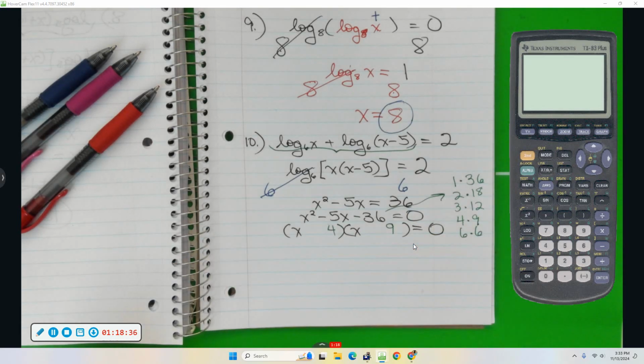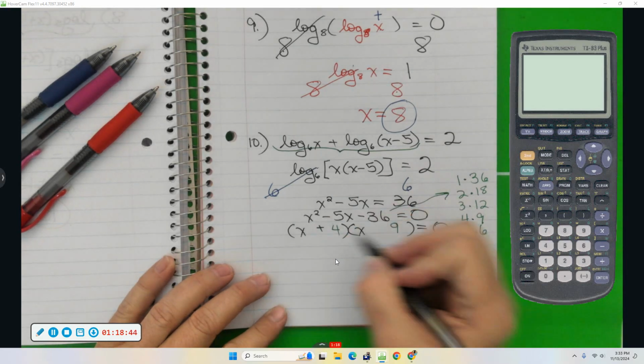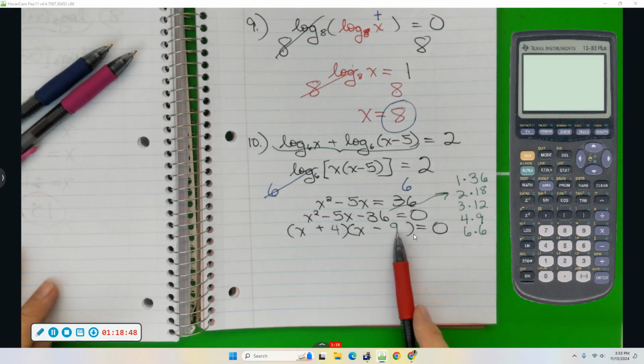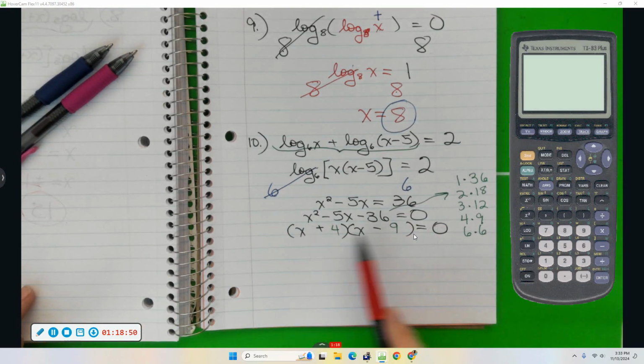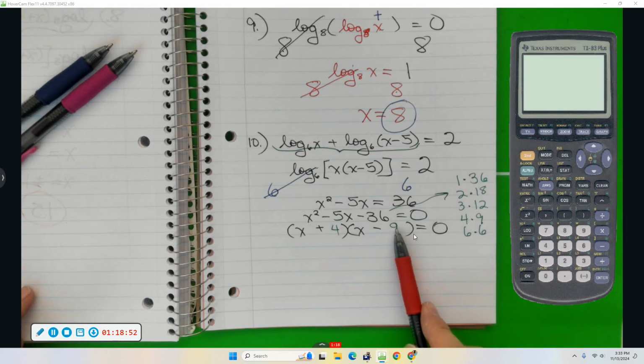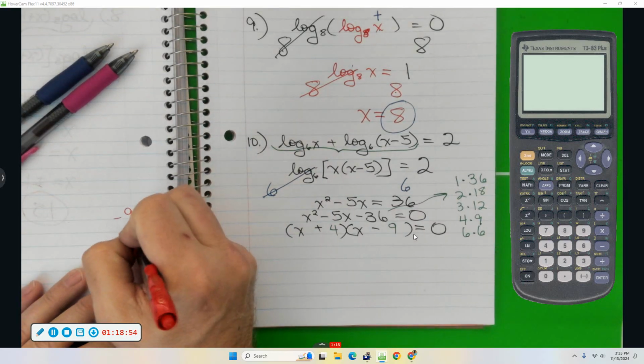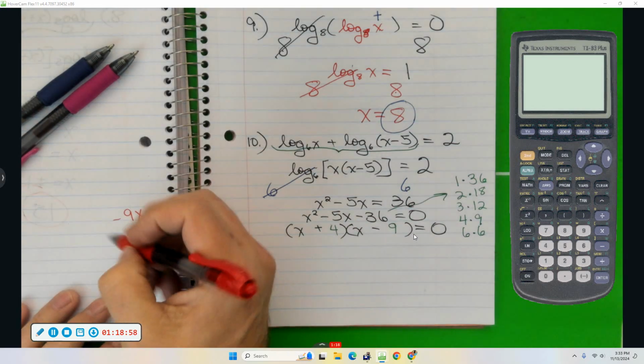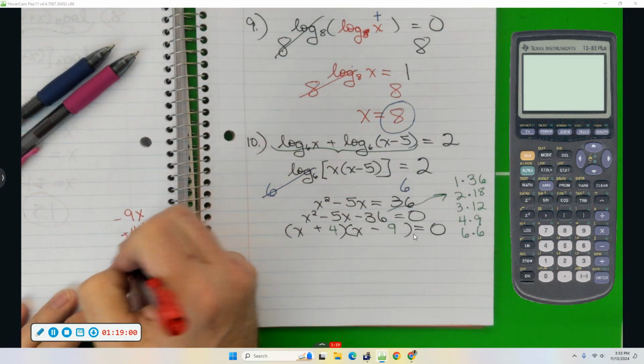Tell me how we're going to need the signs to give us back a minus 5x. Okay, a plus 4 and a negative 9. Checking my factoring: the outer product, x times negative 9, is a negative 9x. The inner product, 4 times x, is a positive 4x.